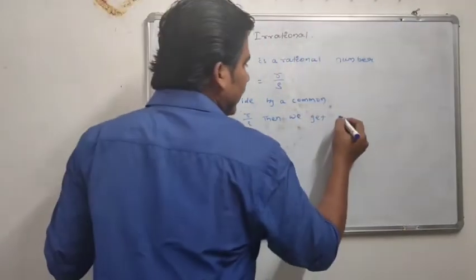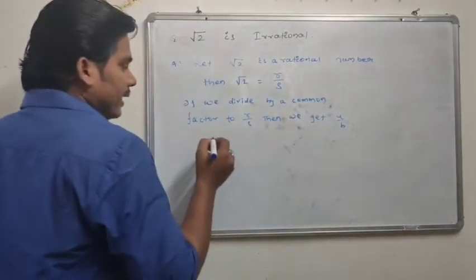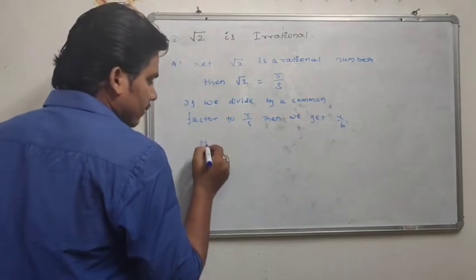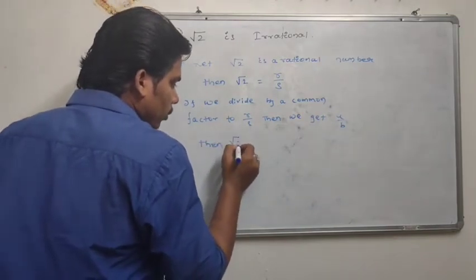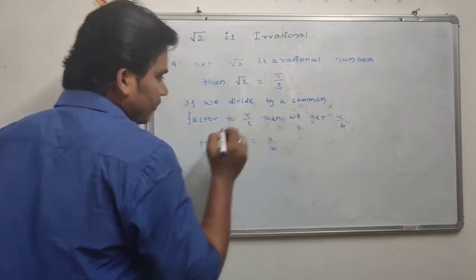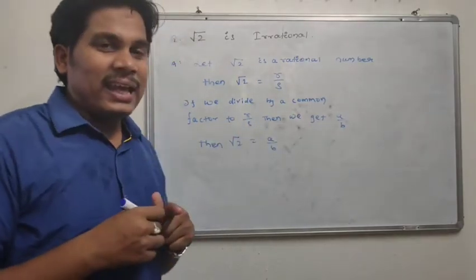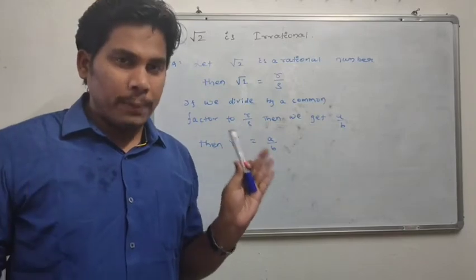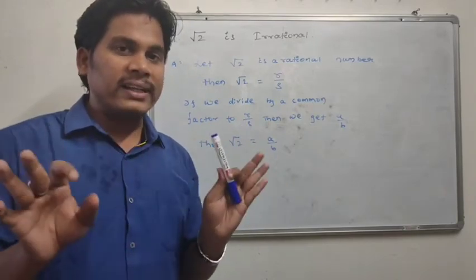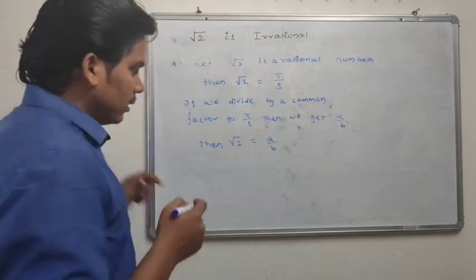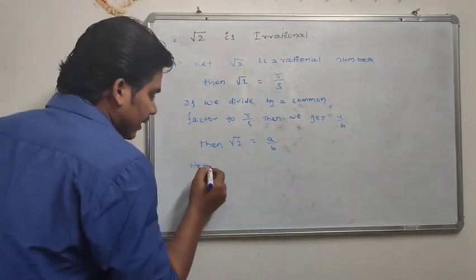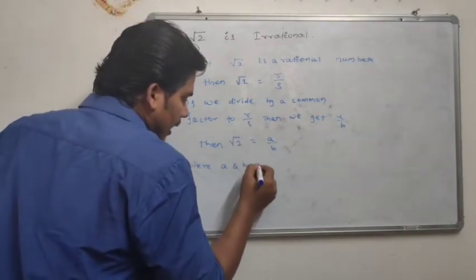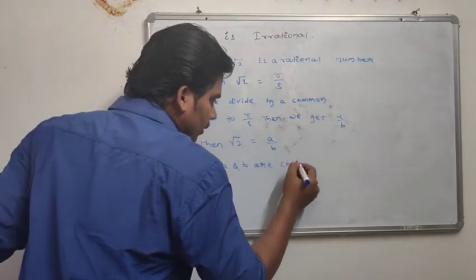We get a by b. Then root 2 equals a by b. Now here a and b are two co-prime numbers, and they have no common factor except 1.